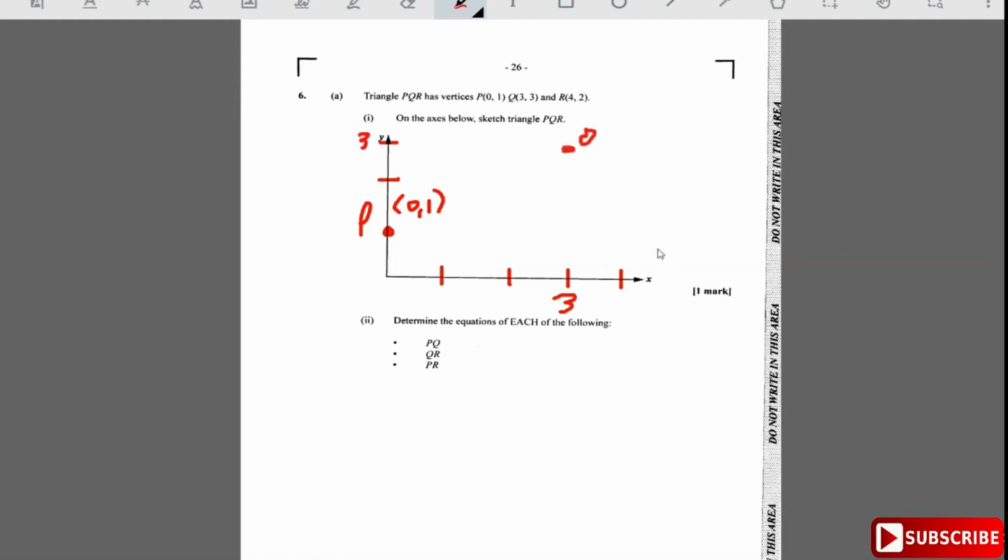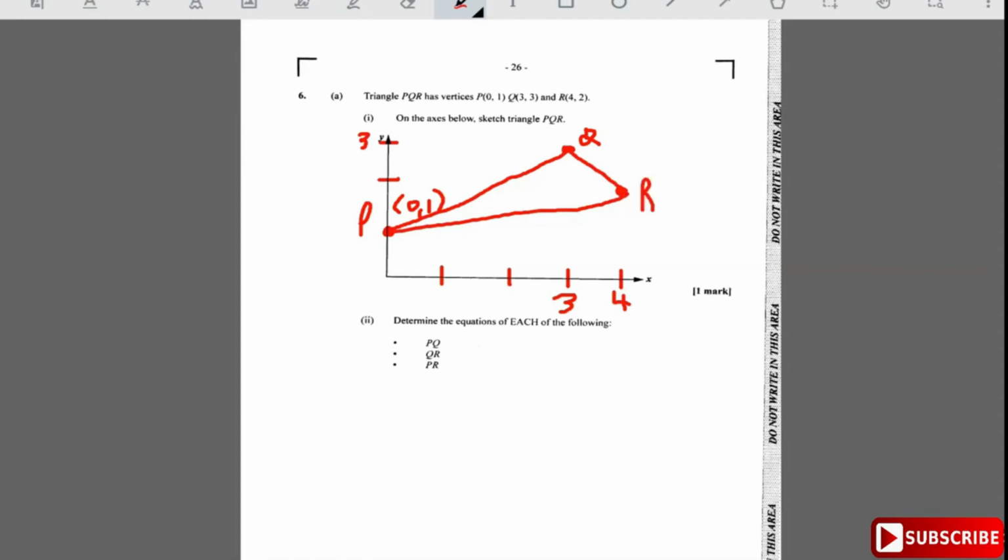And then R is the point (4, 2). So this is 4, this is 2. So triangle PQR is this. This is PQR. All right, nice. Now this is triangle PQR.